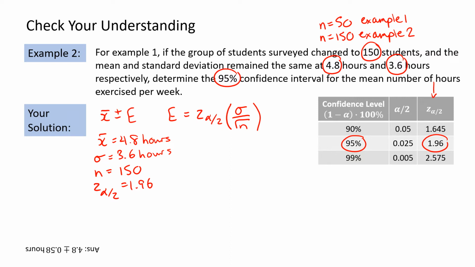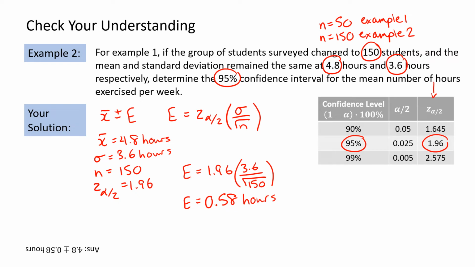So substituting in these values, we get that our error is equal to 1.96 times our standard deviation, 3.6, divided by the square root of, in this case, 150. If we calculate this out, we get an error of 0.58 hours. Okay?